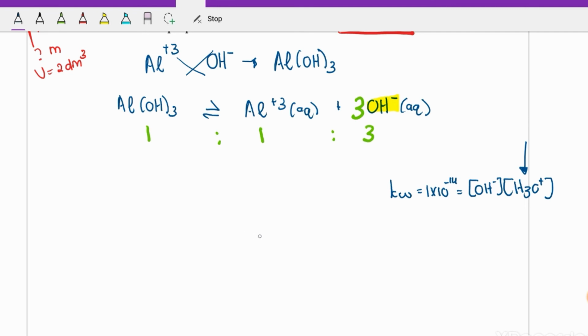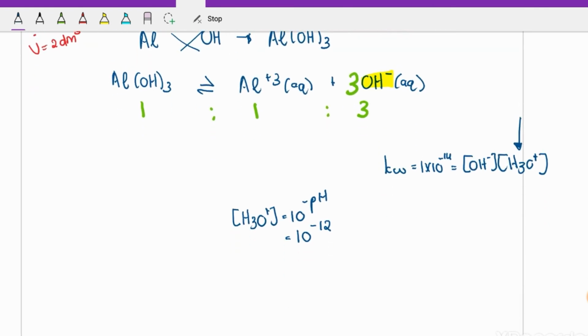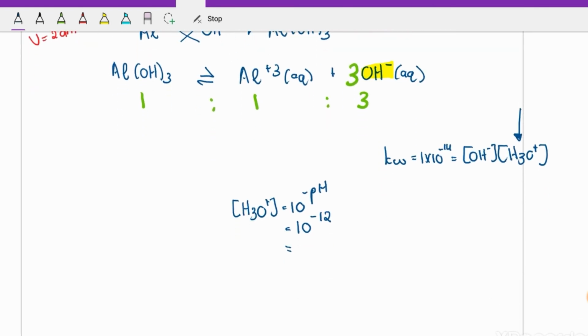So remember the formula to work out the hydronium ion concentration is 10 to the negative pH. So that would be 10 to the negative 12, because they told you the pH is 12. So your hydronium ion concentration is just 1 times 10 to the negative 12. Okay, and now you can work out your hydroxide ion concentration.